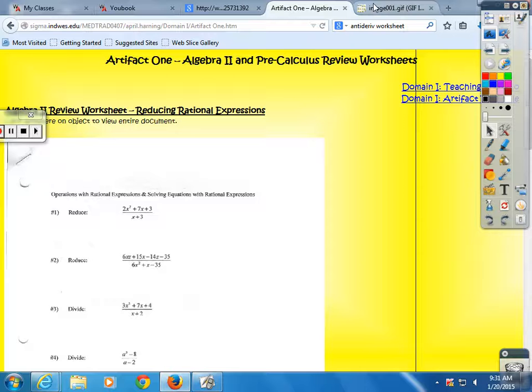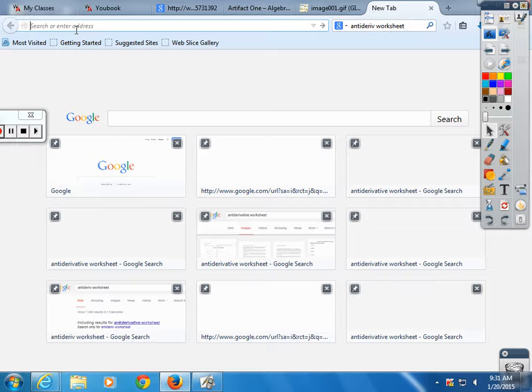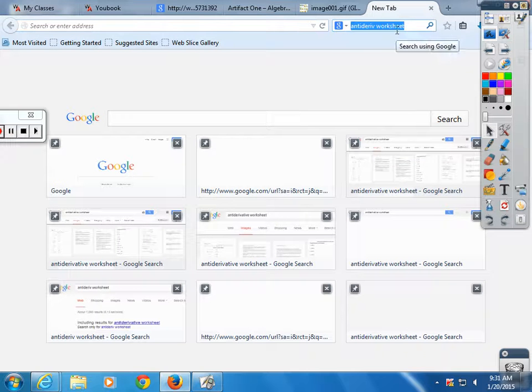I can't find the page I was on. Oh well. Let me just go to another. Let's do definite antiderivatives. I don't know how to spell definite. Is that right?